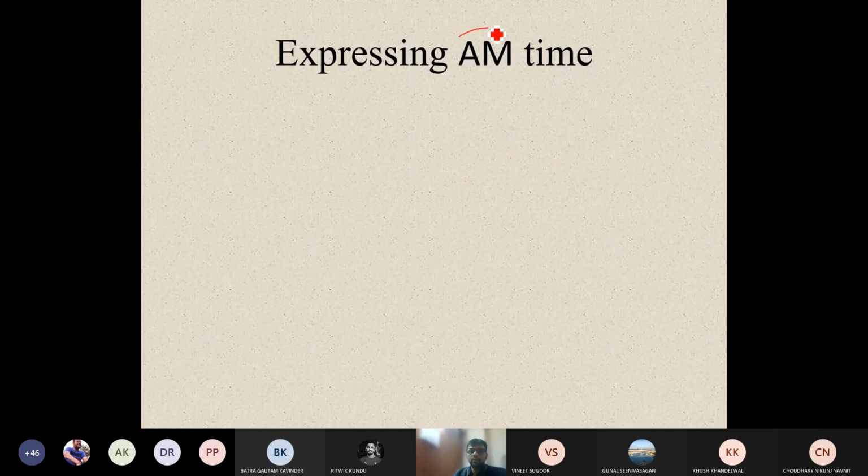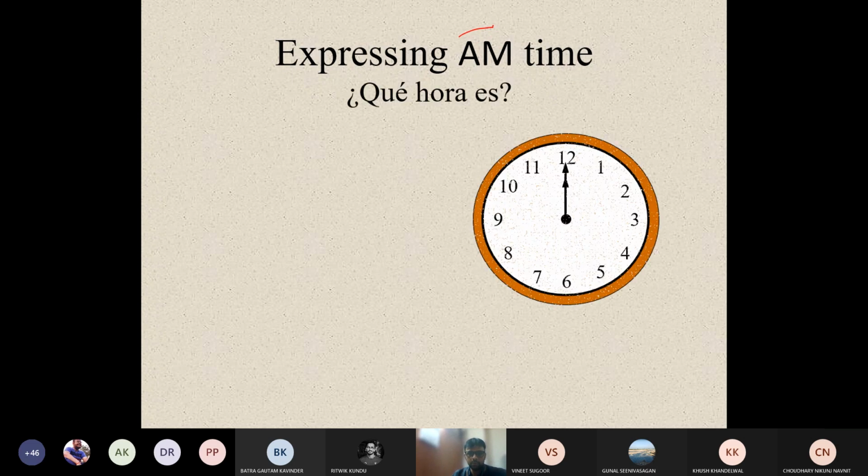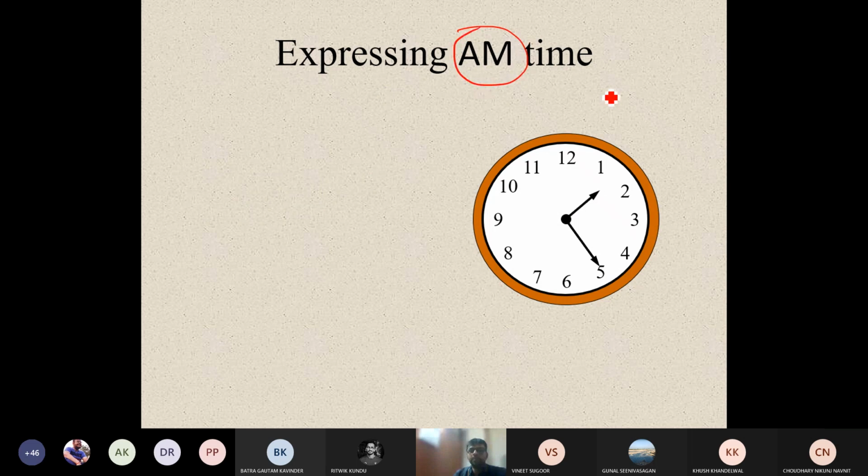So when we talk of AM, in English we are just using AM and PM, but in Spanish there is nothing like that.